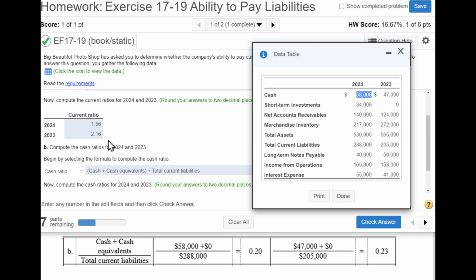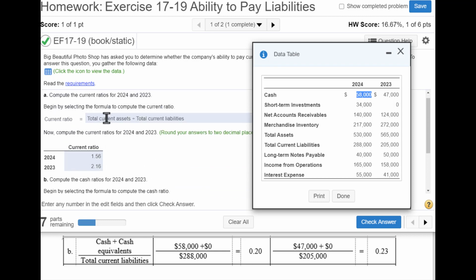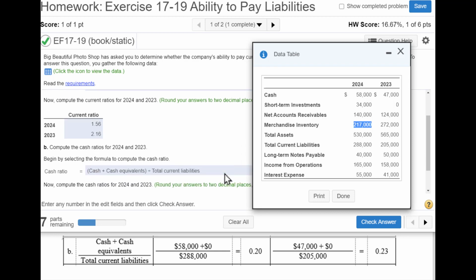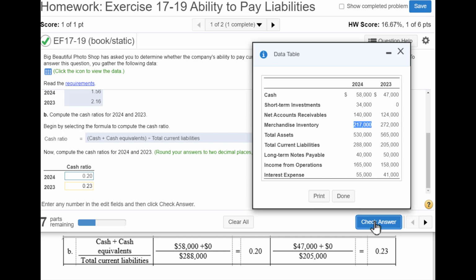So when we talk about the current ratio, it's not a really realistic way to compare our ability to pay current liabilities because our total current assets includes inventory, and it's not realistic to sell your inventory really quickly to be able to pay your short-term liabilities. Check our answer. There we go.